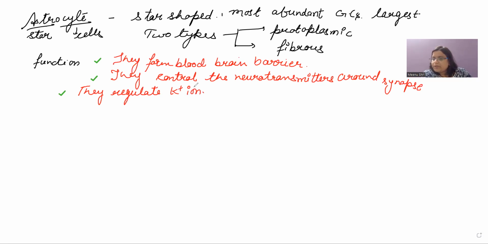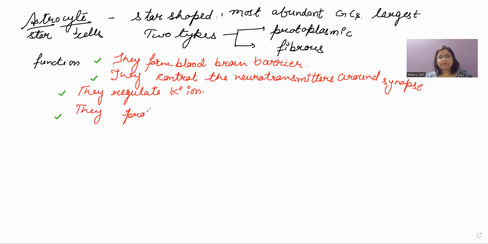When we take the lecture on the action potential or the synapse, we will discuss that the potassium ion and the sodium ion are the most important ions to proceed the action potential. So astrocytes regulate the potassium ion.